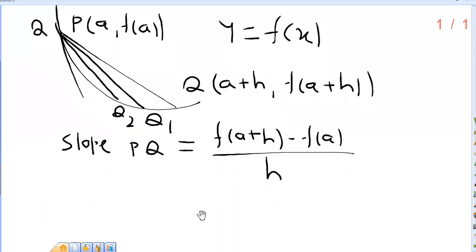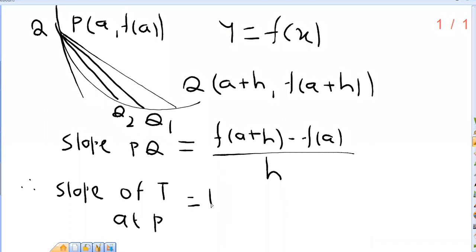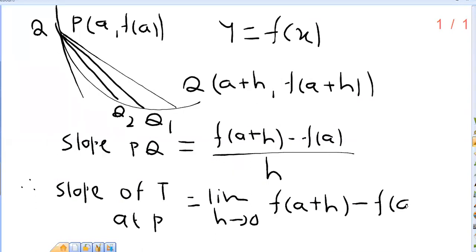So I can say, therefore, the slope of tangent at P is nothing but what? Limit h tends to 0, f of a plus h minus f of a divided by h.